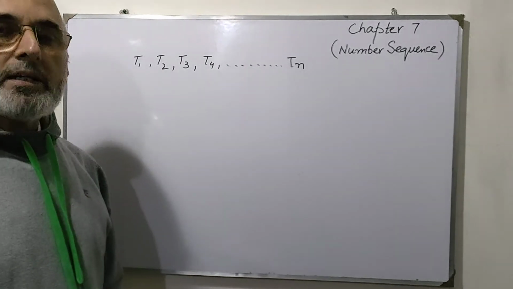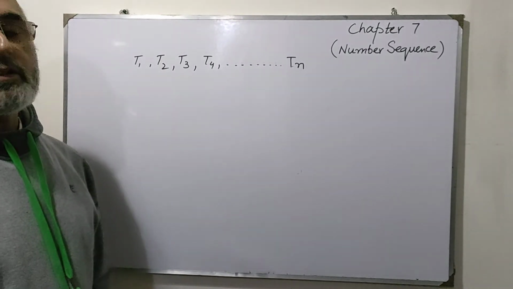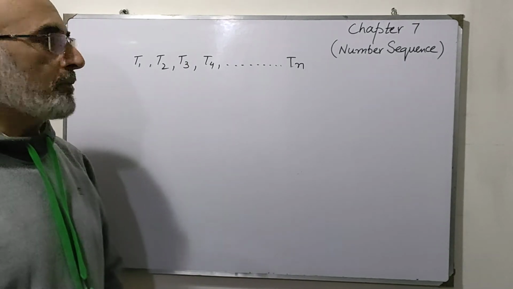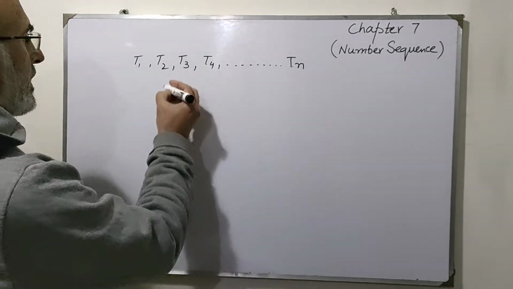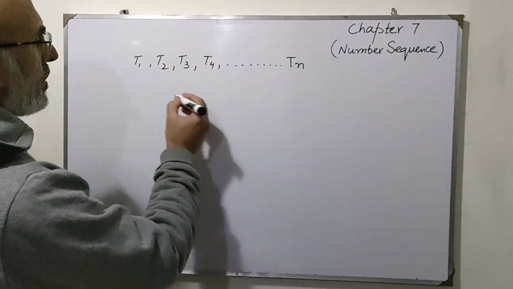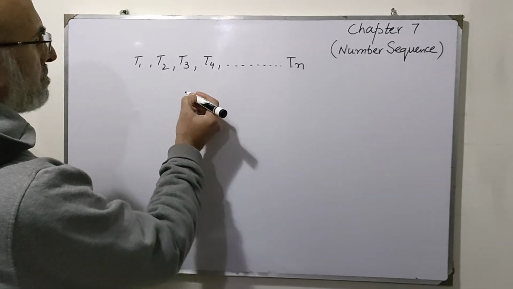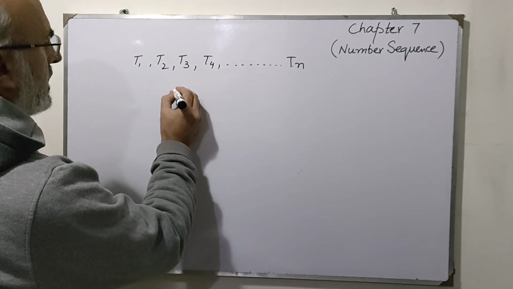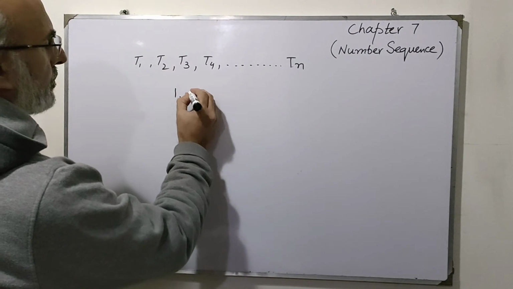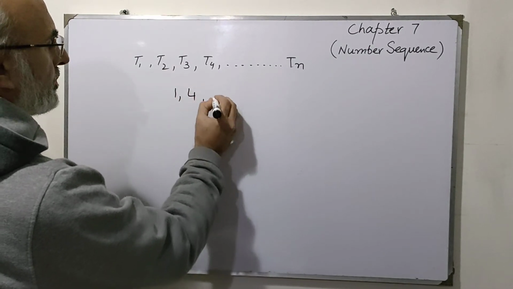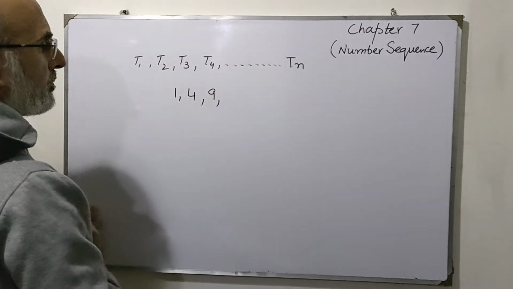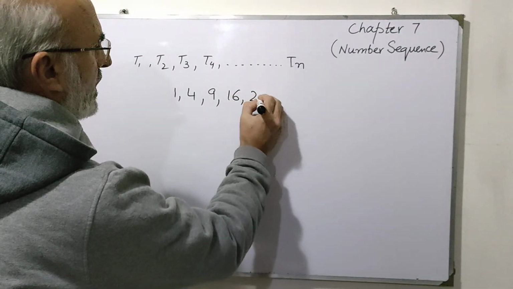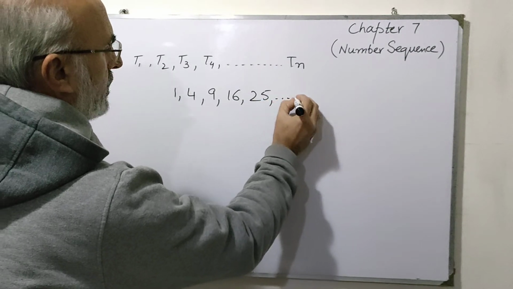So let's take a sequence and see what we are going to do with these T1, T2, T3. Suppose we have a sequence of perfect squares. So let's say the sequence is 1, 4, 9, 16, 25, and so on.